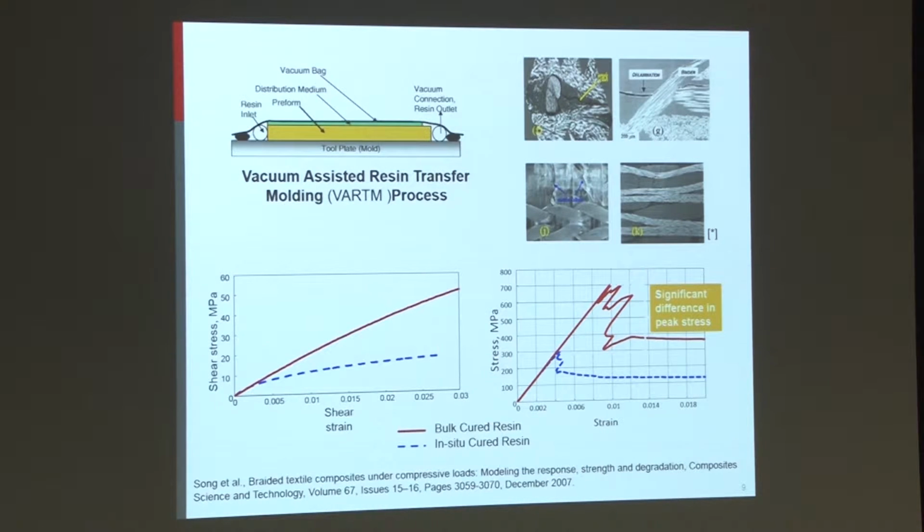And when this was used to predict the compressive response of textile composites, it was observed that there's a large reduction in the peak stress value. So what this means is the quality of the material fabricated, what we expect, is not the same as what we achieve after the manufacturing process. It's something completely different.